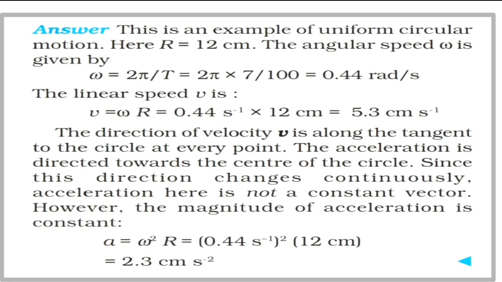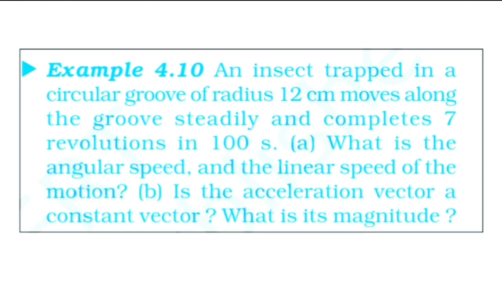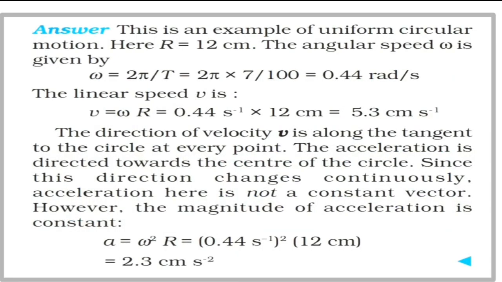Now the second question was, is the acceleration vector a constant vector? What is its magnitude? We already mentioned that the centripetal acceleration is acting towards the center of the circle along the radius. So we may find that always it is directed towards the center along the radius.